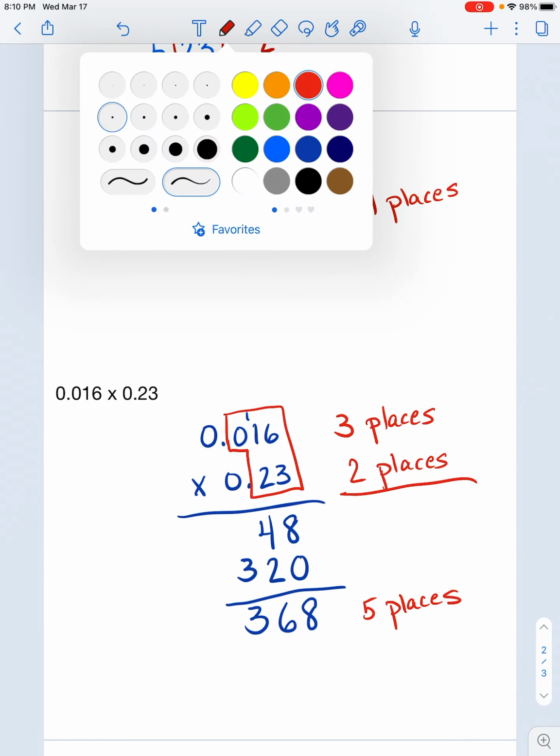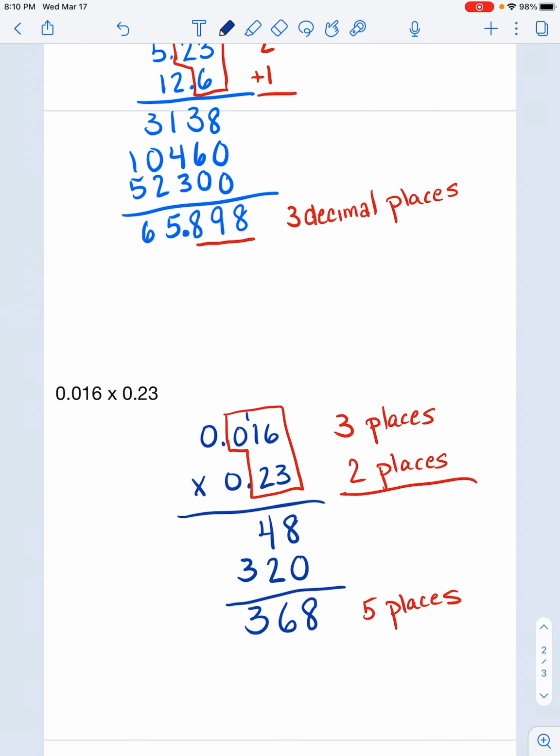And so how am I going to do that? I'm going to start all the way at the end of the number, and I'm going to go 1, 2, 3, and my little thing is going to make a straight line, but I don't want a straight line. So I'm going to go 1, 2, 3, 4, 5. My decimal point goes here.